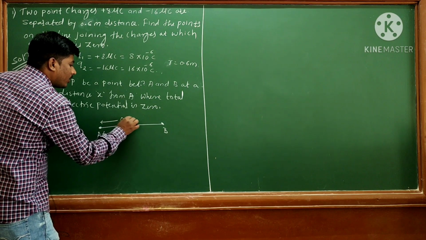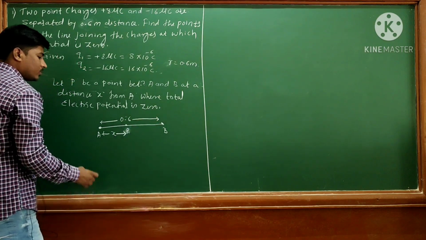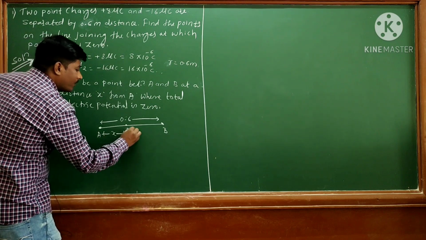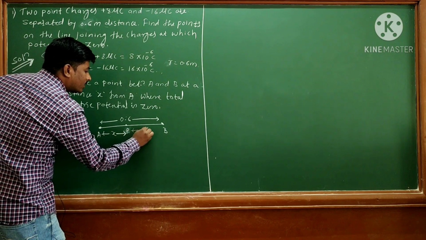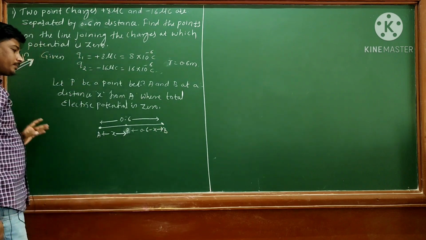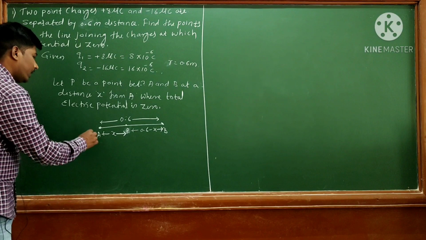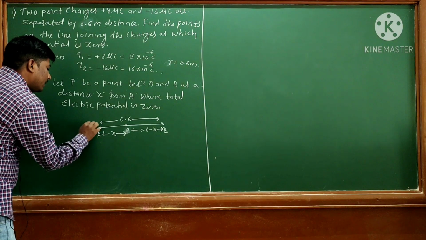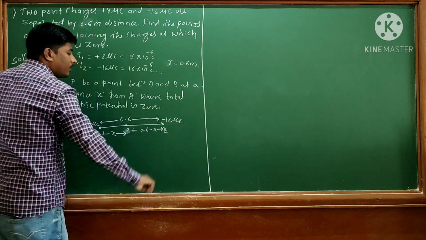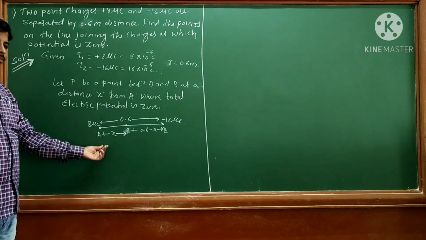It is 0.6 meter. So if it is x, then the remaining distance BP must be 0.6 minus x. So here we have 8 microcoulomb and here we have minus 16 microcoulomb.